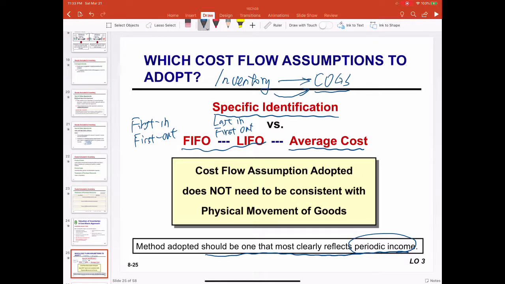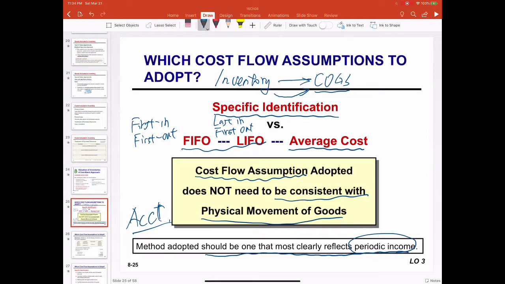Keep in mind, these are all assumptions. They may not be consistent with the physical movement of the goods. This is for accounting purposes. If a firm adopts a method or assumption, it should keep using it. Although firms can change their assumptions, it will result in restatement.